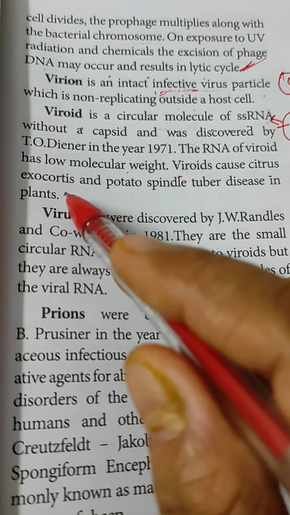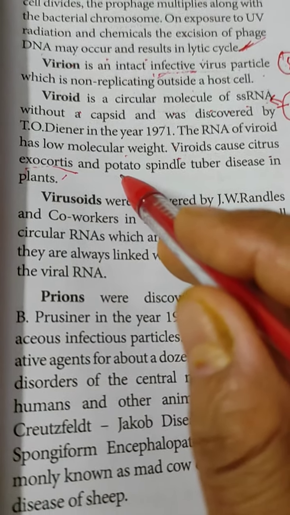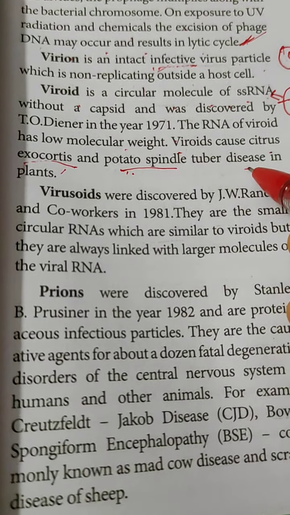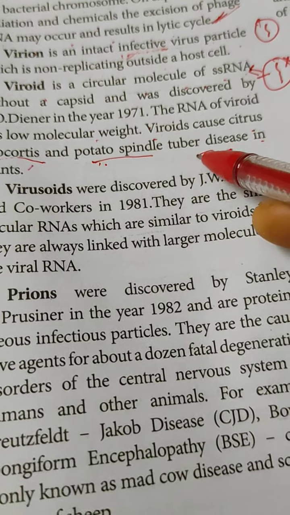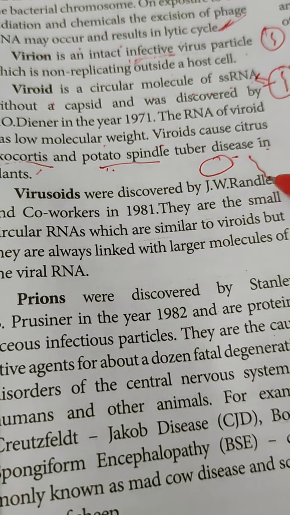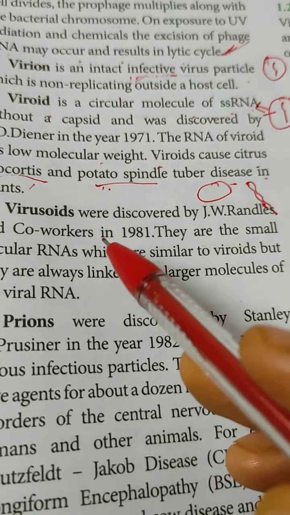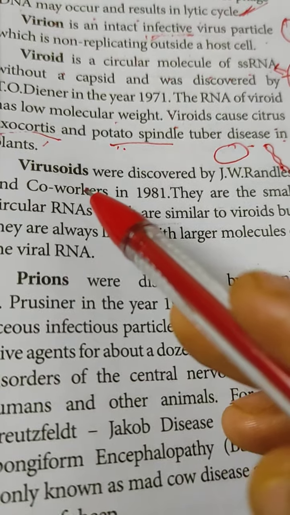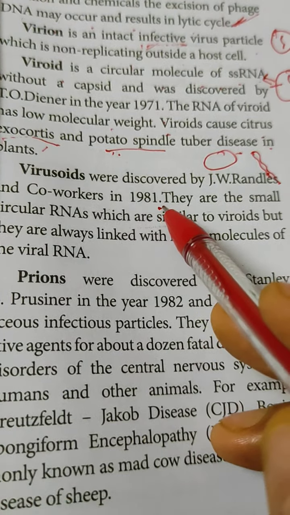Viroids cause citrus exocortis, a citrus plant disease, and potato spindle tuber disease in plants. A potato is generally round, but in this disease it becomes spindle shaped. That's why it is called spindle tuber.